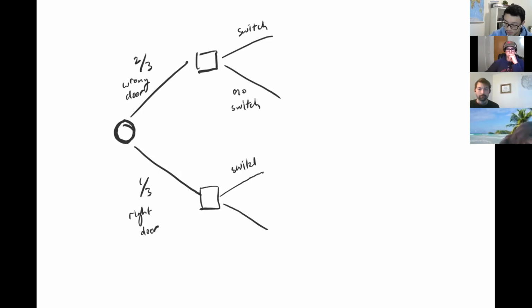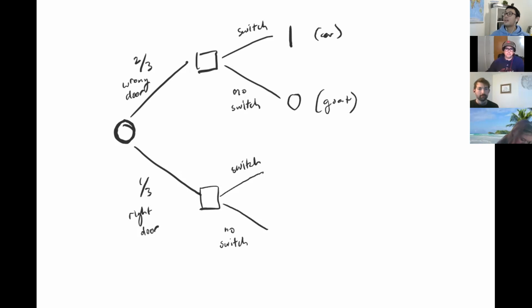Switch and no switch. So in the case that you happen to choose the wrong door in the beginning, that means that when you switch, you get your outcome, which is a 1. So we'll say this is your car. And if you don't switch, then that's a 0, and that's your goat.